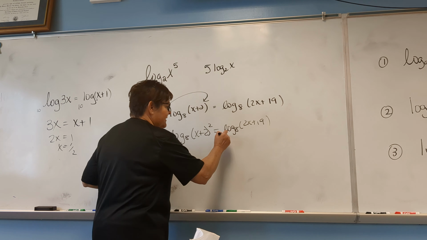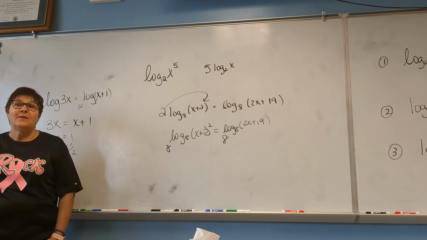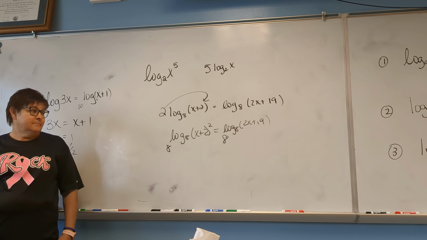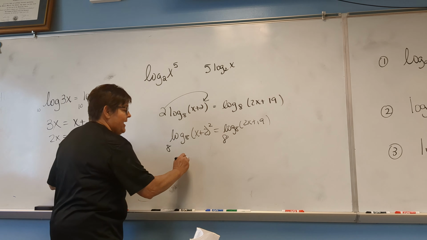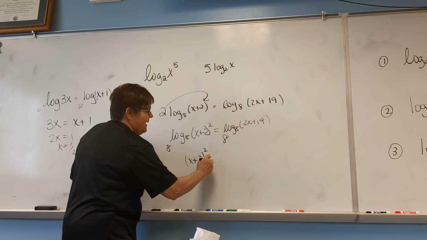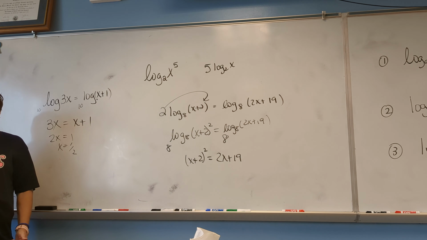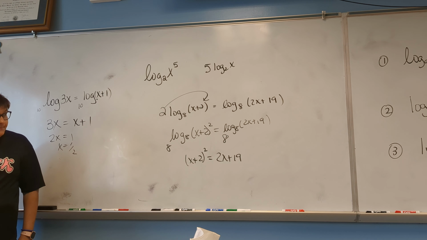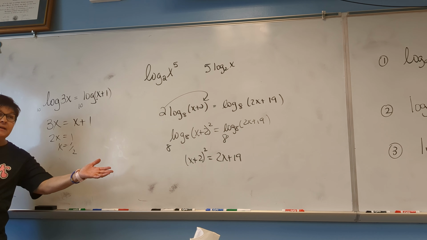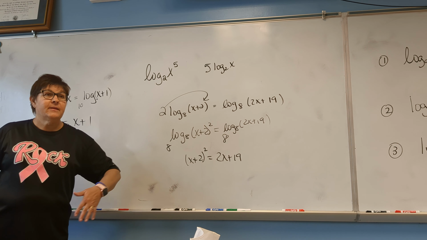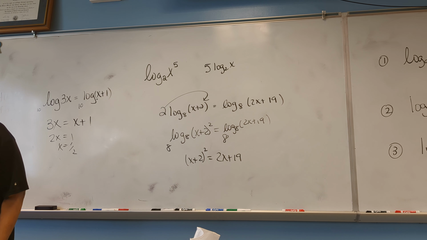Of course I can. Okay, so I do that, and then what's left? There's an answer: (x plus 2) squared equals 2x plus 19. Is that something we can solve? For sure. Just expand by foiling and then combine like terms. I'll let you play with that for a minute.